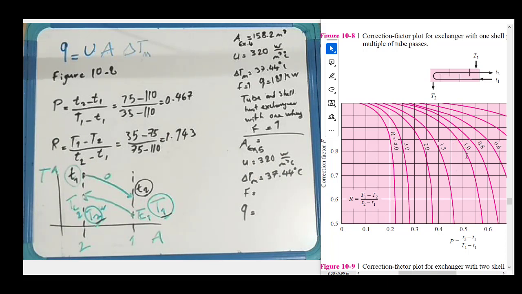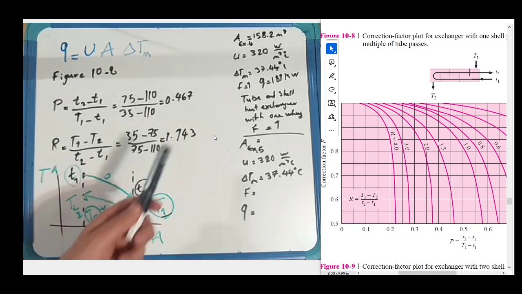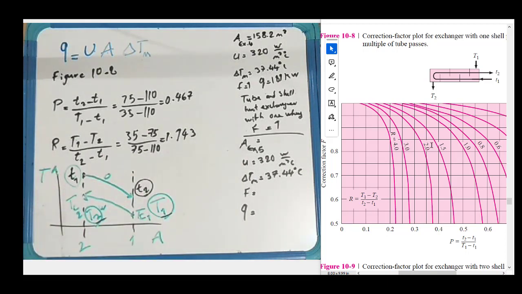Oh sorry, I made a mistake. R is 1.1 as we calculated here. 1.1 here is between 1.5 and 1, so it would be exactly between, or some place like here.